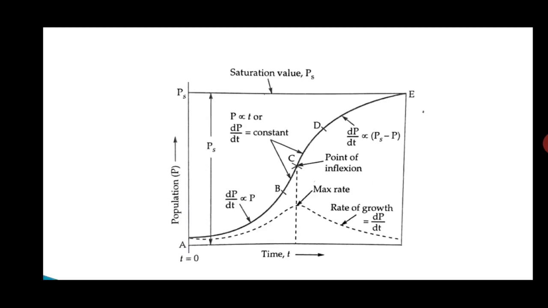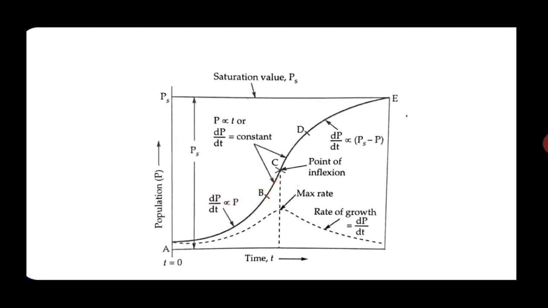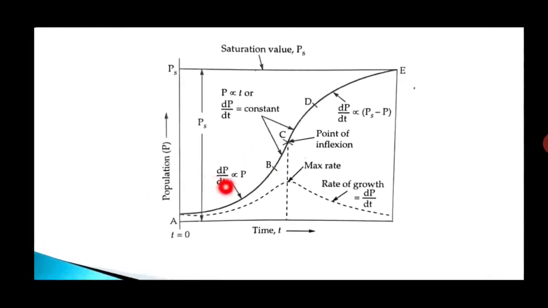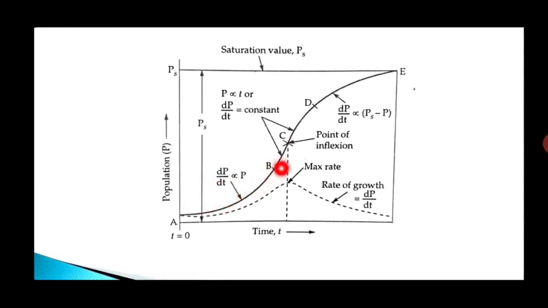So, initially the rate of growth will increase in a rapid manner, but when it reaches towards saturation, for example, if the carrying capacity of a city is 1 crore and there are already 90 lakh people, then there will be limited space available, limited job opportunity, and growth will be fairly slow.